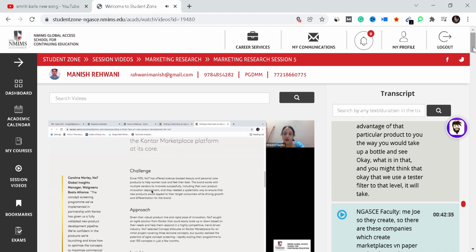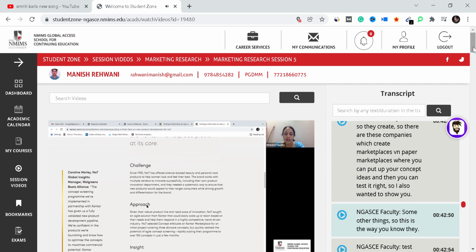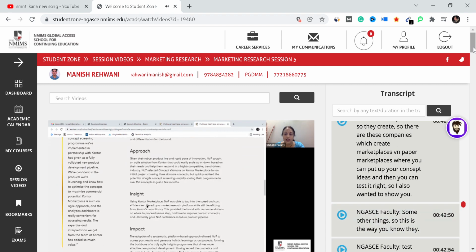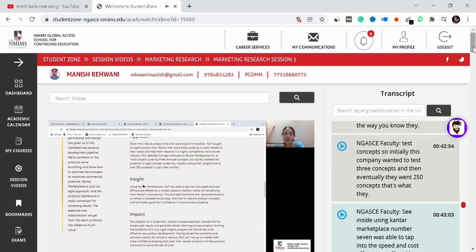I also wanted to show you some other things. So this is the way they test concepts. Initially this company wanted to test 3 concepts and eventually they went to 150 concepts. That's what they did. Using Kantar Marketplace, Number 7 was able to tap into the speed and cost efficiencies offered by a market research platform while still benefiting from Kantar's consultancy.